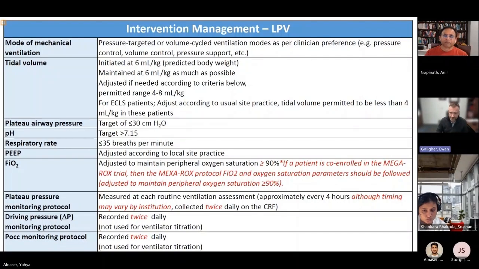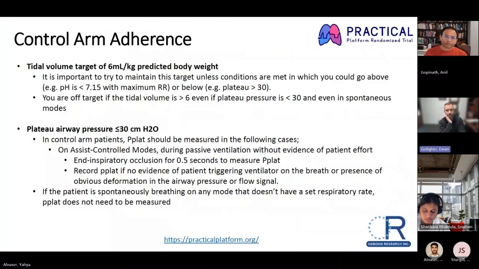So the data collection is less than the clinical protocolized monitoring. We'll also be recording the driving pressure twice daily because we obviously want to know what the driving pressure is in both groups. And the POC will be recorded twice daily as well. But neither the driving pressure nor the POC are used to set the ventilator in this arm.